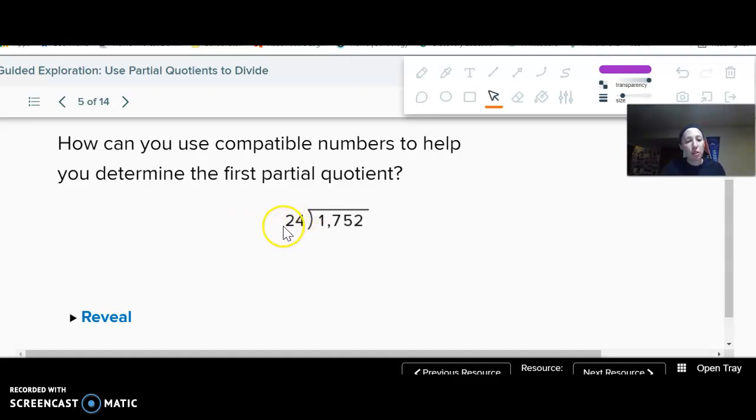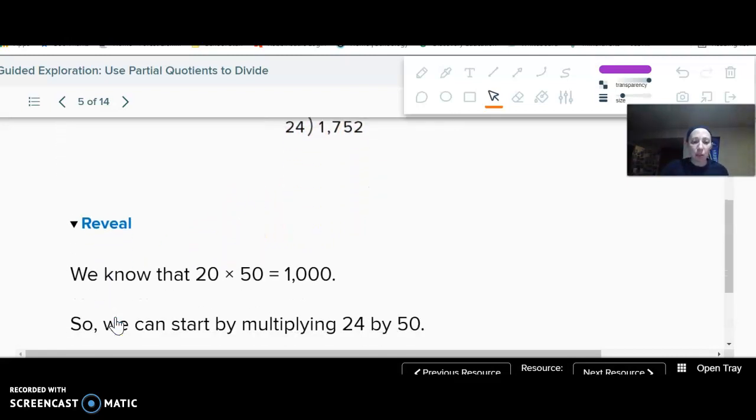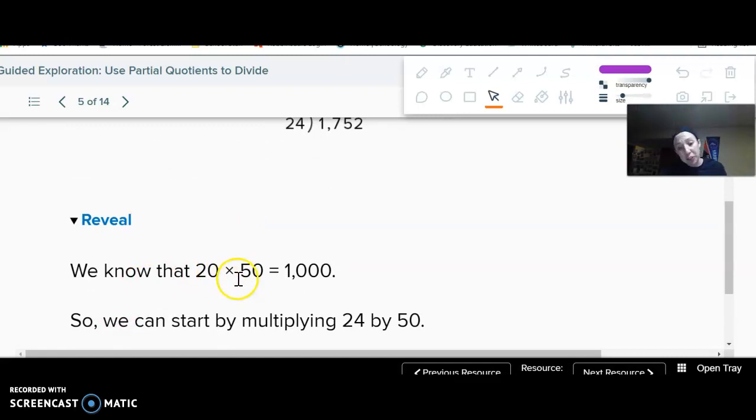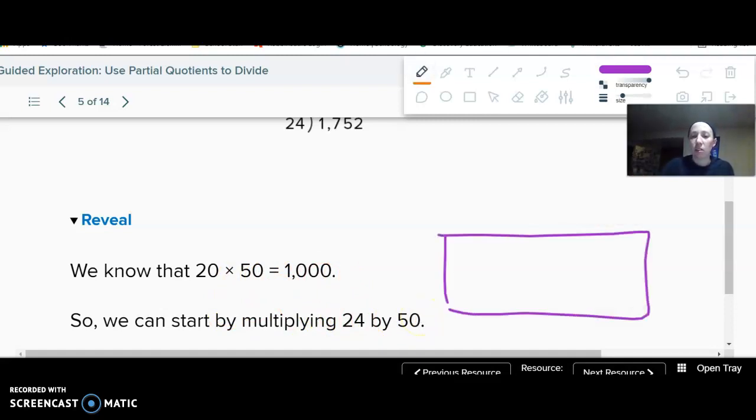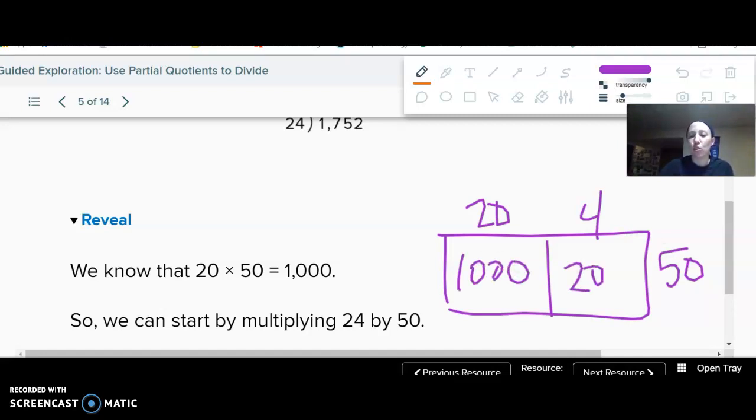So we have 24 times something. We're trying to get close to 1,752. So the compatible numbers, well, 20 times 50 is 1,000. So we can do 24 times 50 to get our first partial quotient. It's 50. 20 times 50 is 1,000. 4 times 50 is 200.